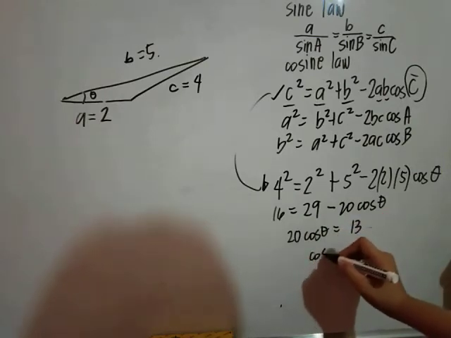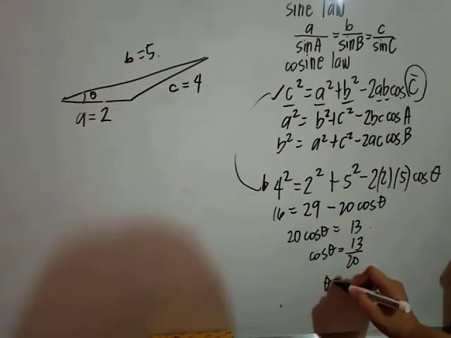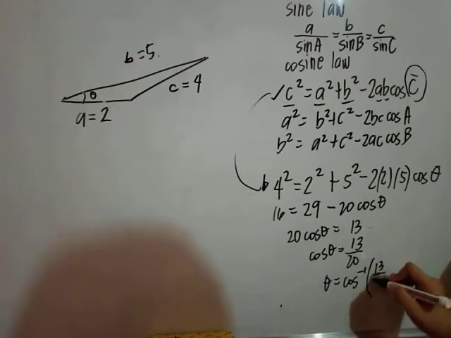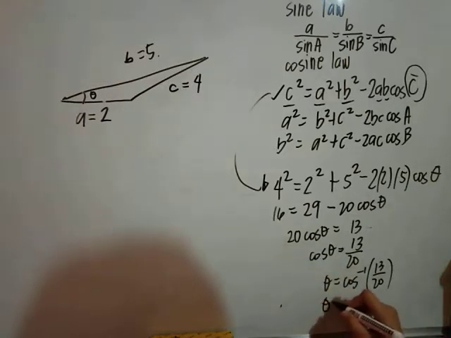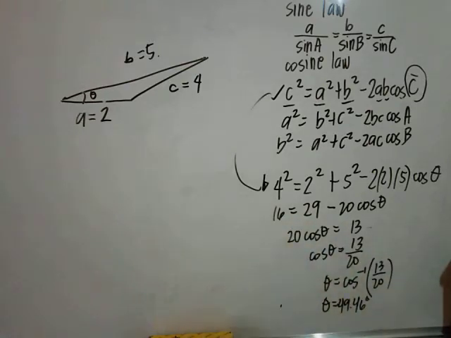So, therefore, cosine theta is equal to 13 over 20. Therefore, theta is equal to arc cosine 13 over 20. So, anong value niya? Arc cosine 13 over 20, 49.46 degrees.